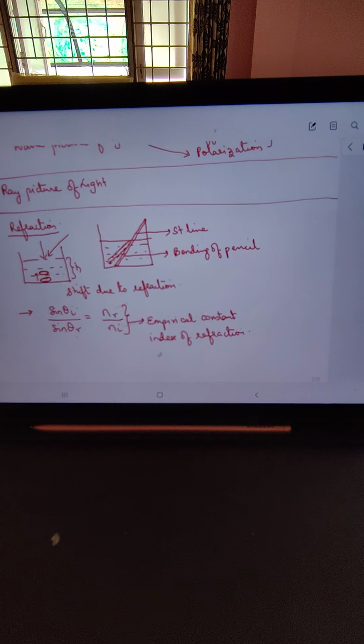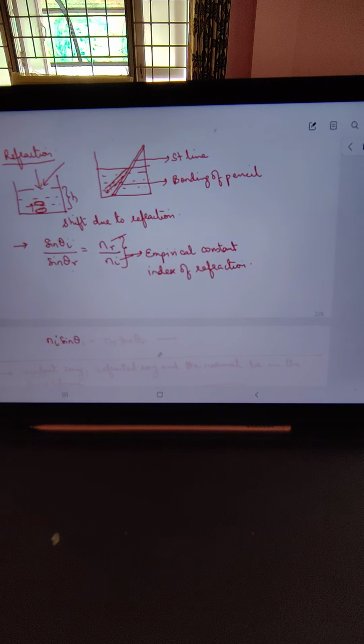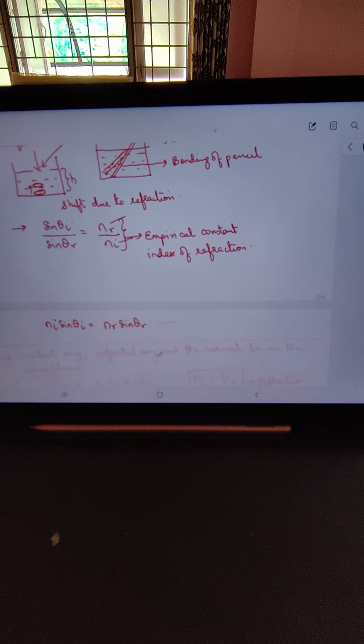Again, these were two constants relating to the second medium and to the first medium. So this Snell's law can also be written like this: ni sine theta i is equal to nr sine theta r. Now this is as far as experimental discovery of refraction of light is considered, the law relating it.